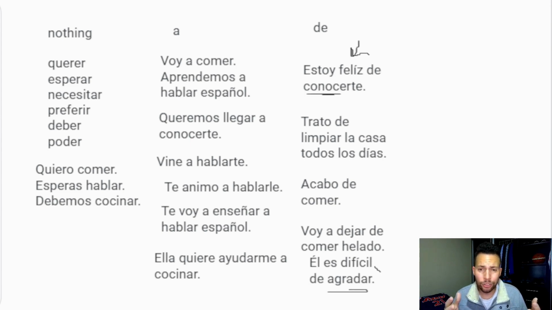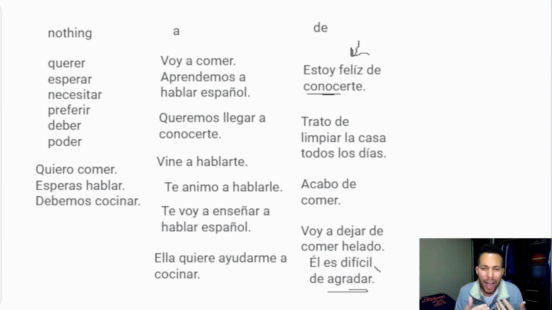Not really recommended to try to think of some guiding principle as to why. I mean, we do see these words like dejar, to stop, kind of. Dejar actually usually has other meanings, but in this case, to stop, acabar, to kind of finish eating. I just got done eating, or just finished eating, to finish. Tratar, to try, in this instance, to try.